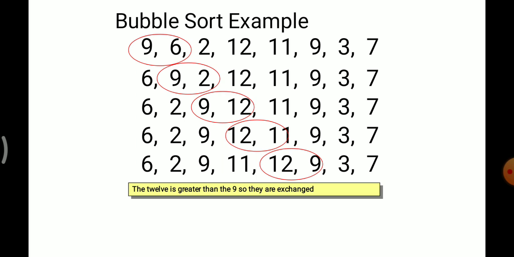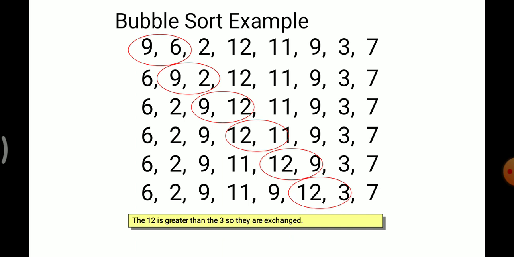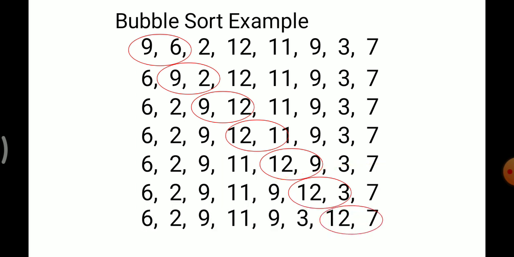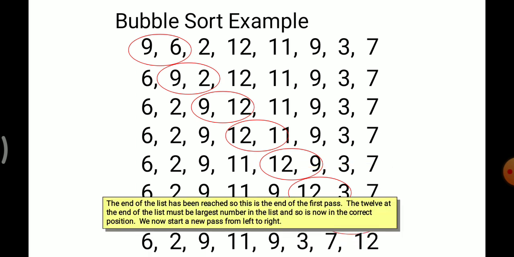In this comparison the exchange will also take place, and so on. Now the 12 and 3 will also exchange their positions, and after this final comparison the 12 and 7 will exchange their positions, and the last array will be shown like this.